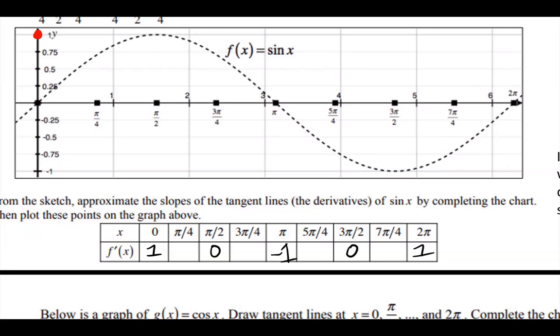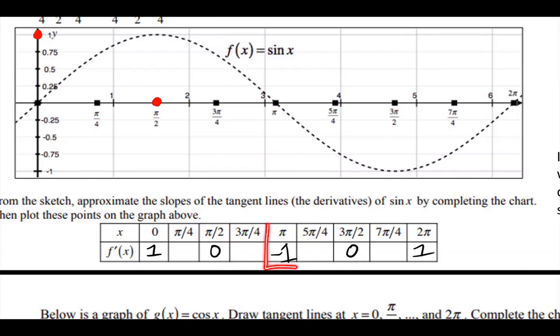And then I'm going to skip pi over 4 because I don't have anything for that. But I do have something for pi over 2. At pi over 2, I have 0. So let me go make a dot at 0. At 3 pi over 4, I don't have anything.